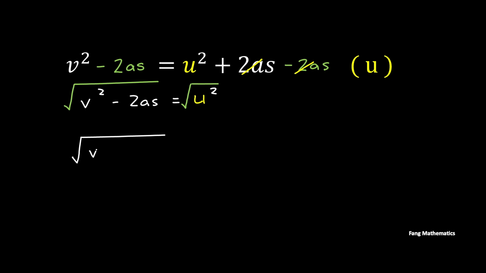You have the square root of v squared minus 2as. And on the right, you have the power 2 and square root getting eliminated, leaving you just u. And now you have successfully turned the expression in terms of u and made u the subject of the formula.